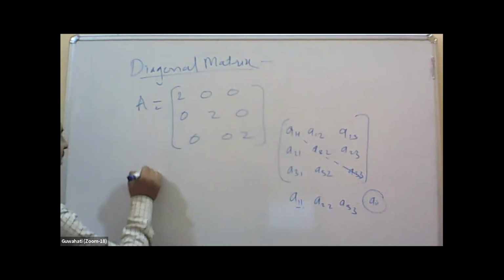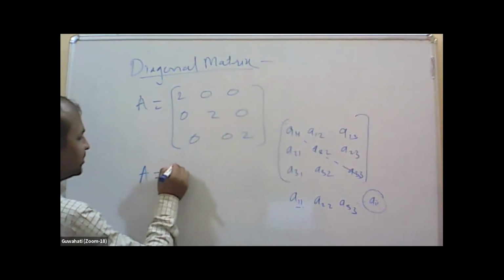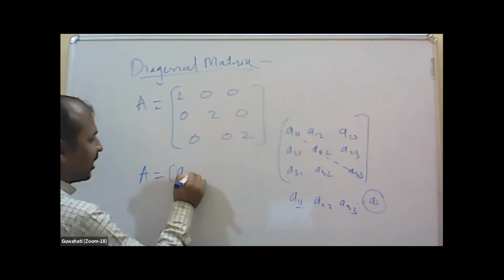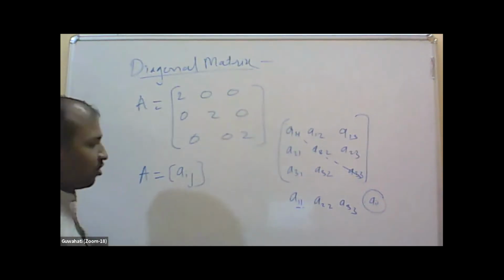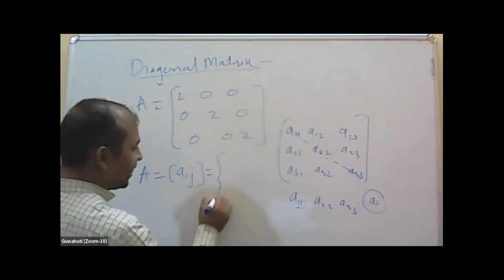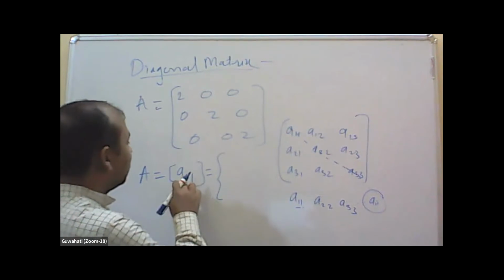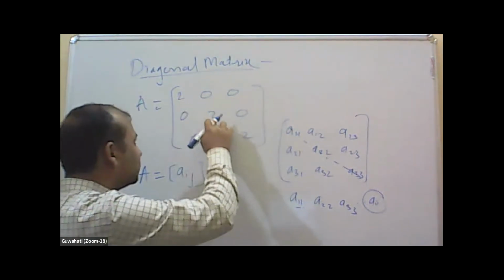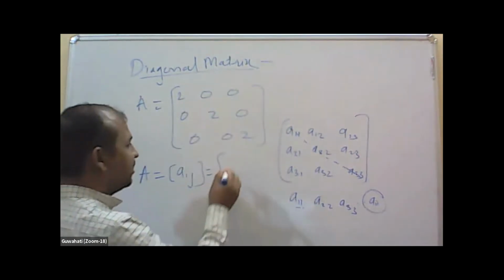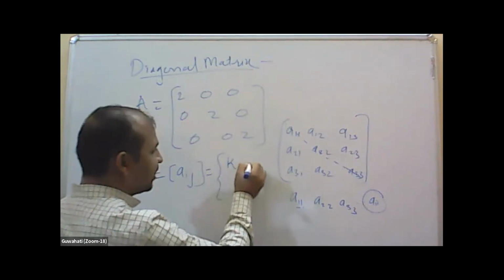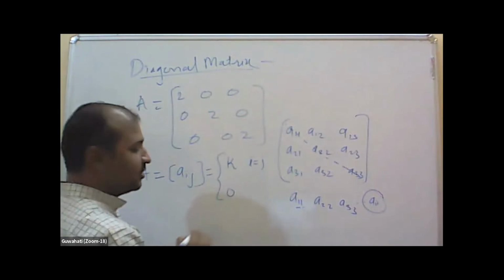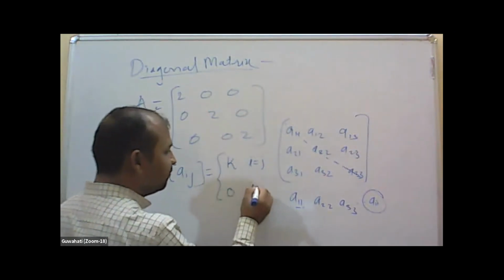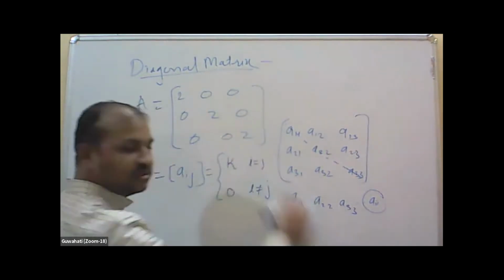Same definition we can write in another form. A is equal to, generally you will write Aij, right? So how? You want all the diagonal elements to be the same. Suppose it is a constant k if i is equal to j, otherwise it should be 0 if i is not equal to j.